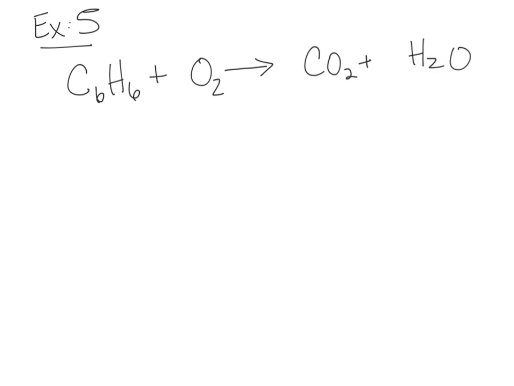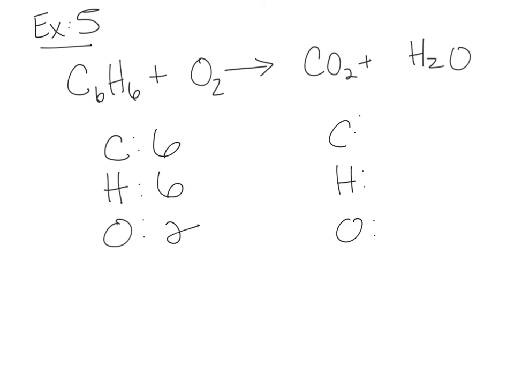So in balancing this, they're all actually nonmetals. So carbon, hydrogen, and leaving my oxygen to the end because it is shown here as a pure element. So the first thing that I want to do is write down what I have on either side.